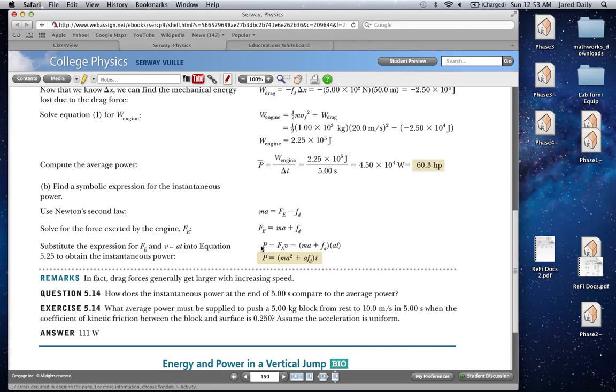And then they actually calculate the power using Fe times V. And they plug in for Fe, ma plus Fd times At. And here you get this equation that is time dependent. You can actually calculate power as a function of time. So you can find it at any time, instantaneously. Kind of nice.